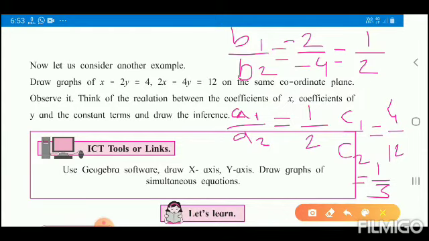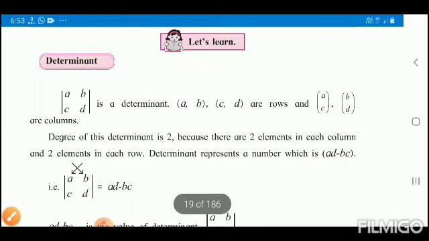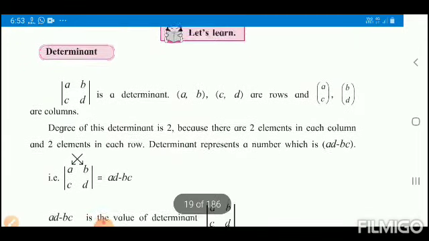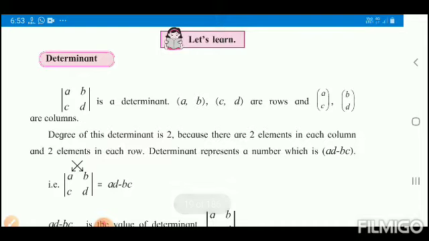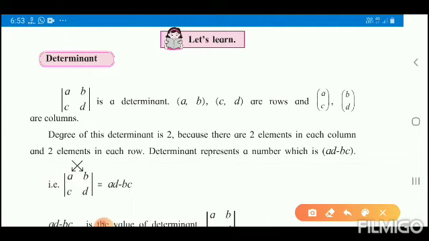Okay. Now next we will learn about determinant. Here you can see they have given some values in modulus sign. Before that also you have studied this sign, these two vertical lines.